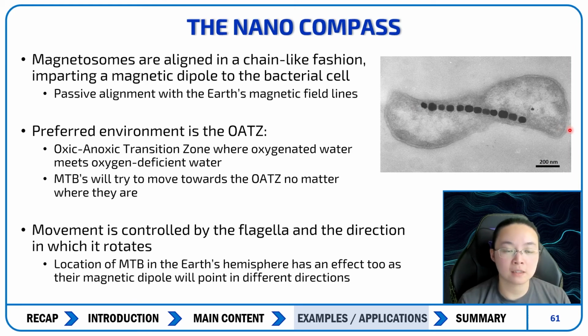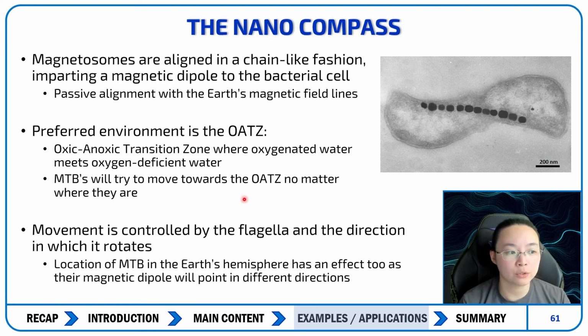It is called a passive alignment because it's aligned to the Earth's magnetic field lines. Its preferred environment is what we call the OATZ, the oxic anoxic transition zone, where oxygenated water meets oxygen deficient water. That is where it usually likes to thrive.